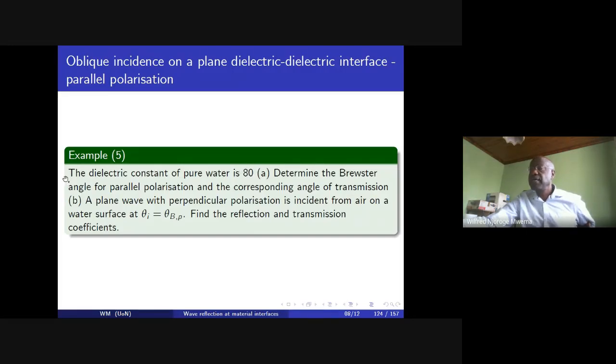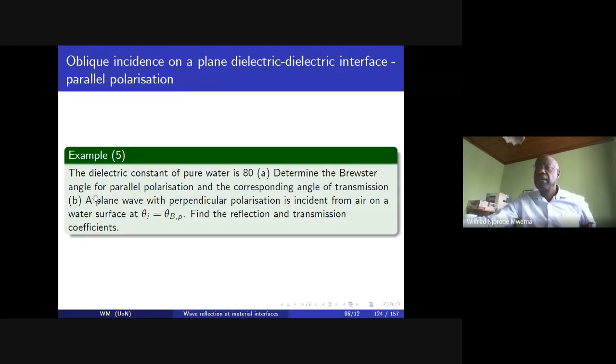We can give this either in terms of the refractive index or in terms of the dielectric constant as shown here. If you are given the refractive index, remember to get the dielectric constant, you have to square the refractive index. So the question is, determine the Brewster angle for parallel polarization and the corresponding angle of transmission.